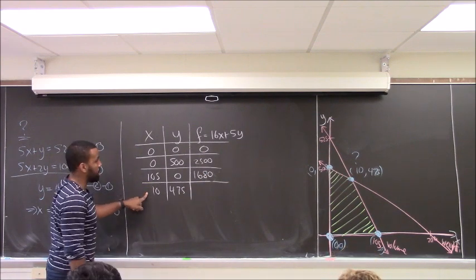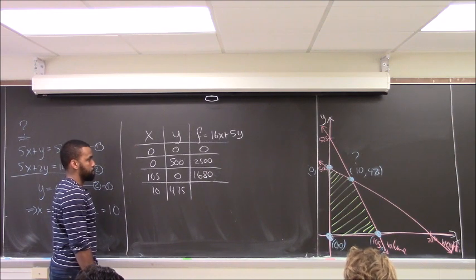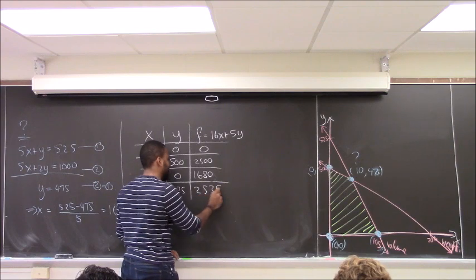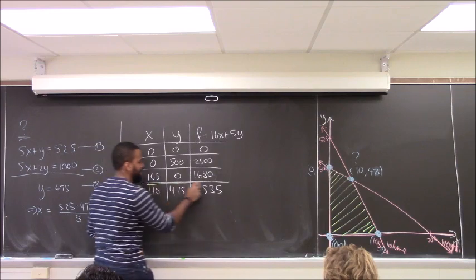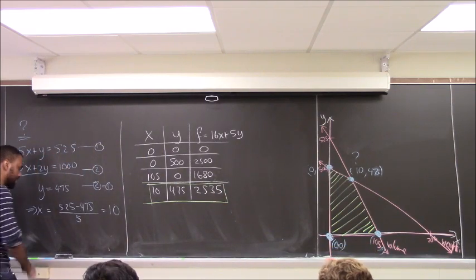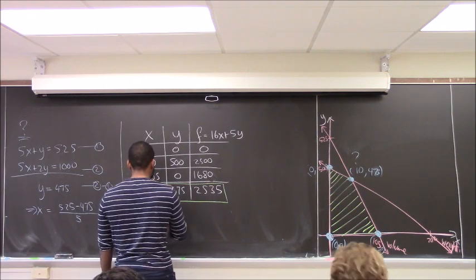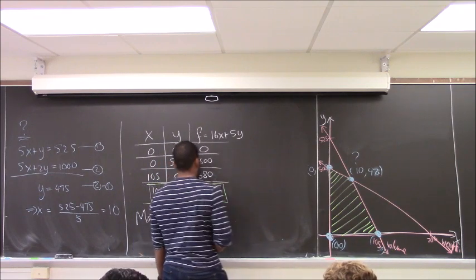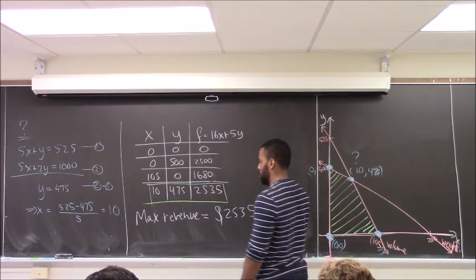Or we can have 16 times 10 plus 5 times 475. 2,535. Oh, they're so lucky. Barely made it. Fine. We'll give them both food and water. We'll make an extra $35 by doing that. And so the max revenue that this plane can carry is going to be $2,535 per trip.